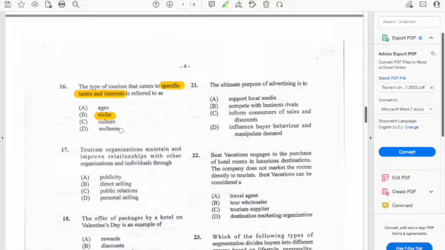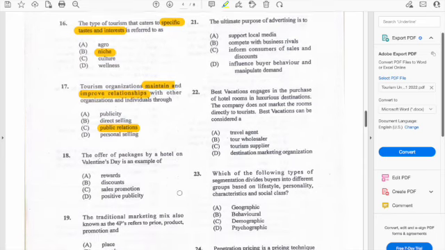Tourism organizations maintain and improve their relations with other organizations and individuals through public relations. So it's about maintaining and improving relations. That's the key word for public relations.